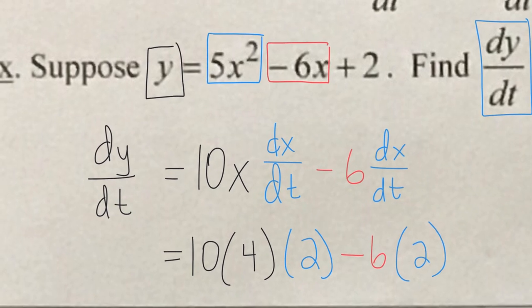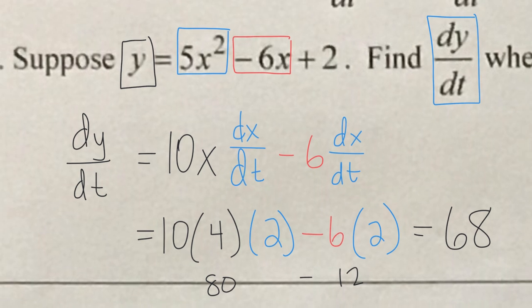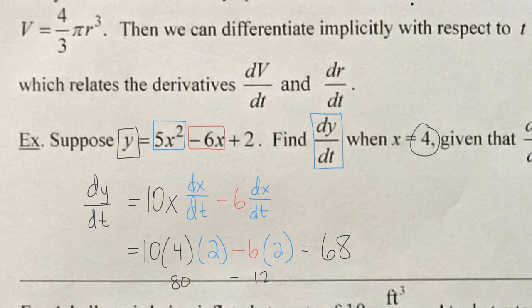So we're going to find the value of dy dt. What is the rate of change of y with respect to time? So 4 times 8 is 80. 6 times 2 is 12. 80 minus 12 is 68. So dy dt is 68 when x is 4 and dx dt is 2.